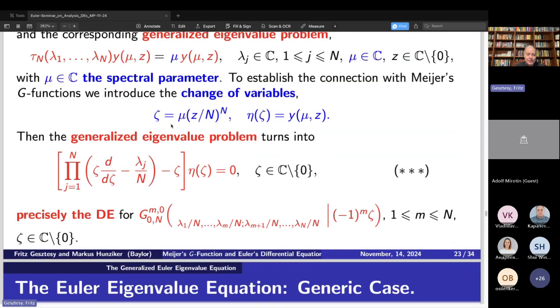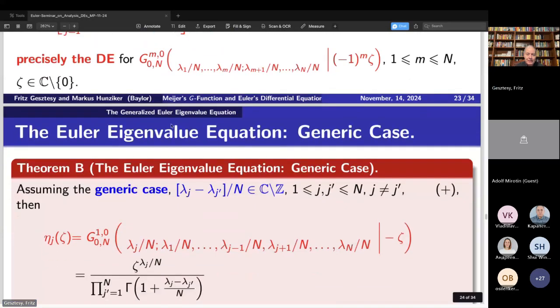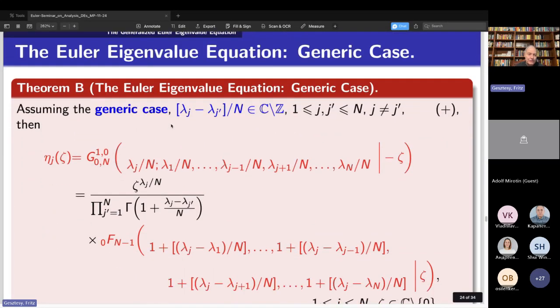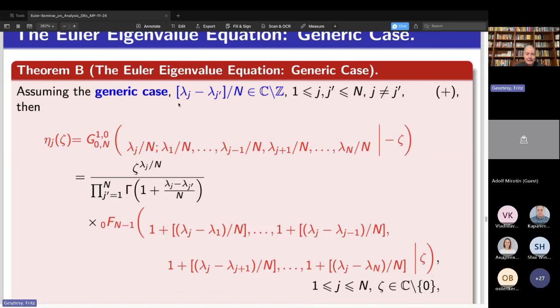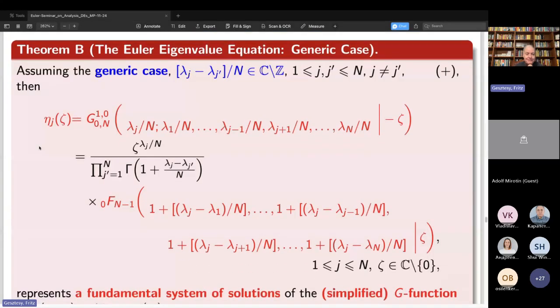And so I can now combine the result we just had, so theorem A if you want, with getting a fundamental system of solutions for Euler's differential equation. So how does this work? Well, let's first look at the generic case. Now, in this situation, the b's are lambda j's divided by n. You can see this here.